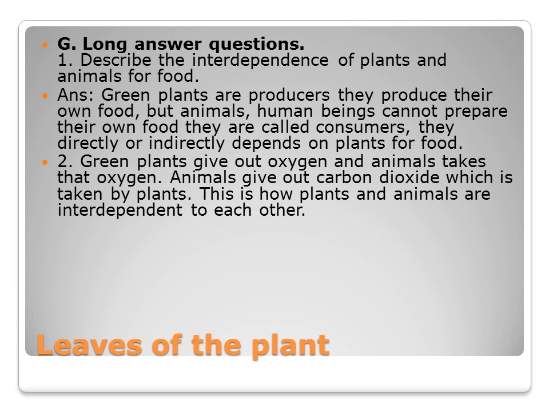What will the green plants do? They give out oxygen and animals take that oxygen. What will the animals do? They give out carbon dioxide and that carbon dioxide is taken by the plants. So in these ways, these two are interdependent on each other.